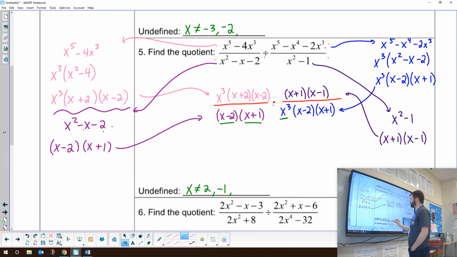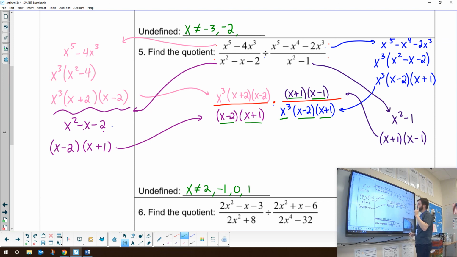This x cubed, remember if you have an x by itself with no plus or minus, even if there's a number in front of it or cubed or whatever, it's just going to give me an undefined of 0. Then this x minus 2, don't worry about that one because we already have it, right? Same for these x plus 1s. We already have it, but then we also need to look at this x minus 1, and that's going to give me a positive 1. We don't have to look up here because that's never been on bottom, okay? It didn't flip.